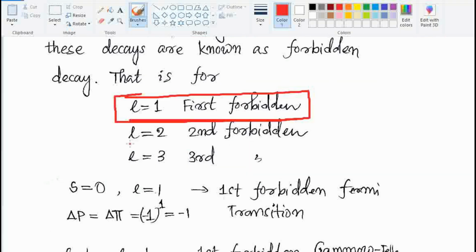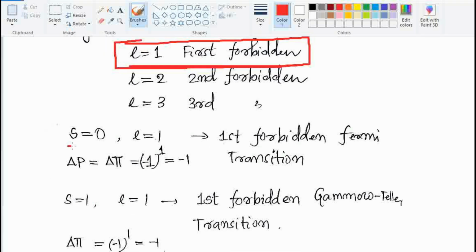L equal to 2 is the second forbidden, L equal to 3 is the third forbidden, like this. For L equal to 1, S equal to 0, it is first forbidden Fermi transition. But if S equal to 1, then it is first forbidden Gamow-Teller.